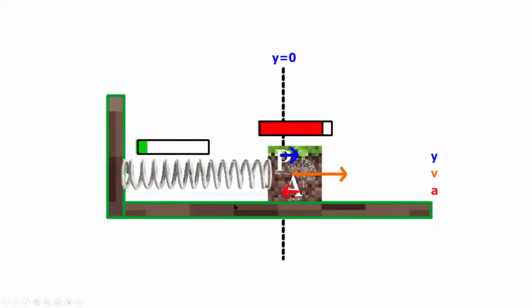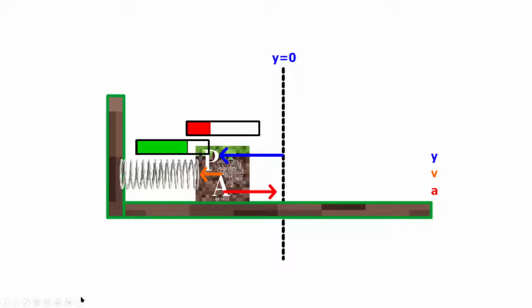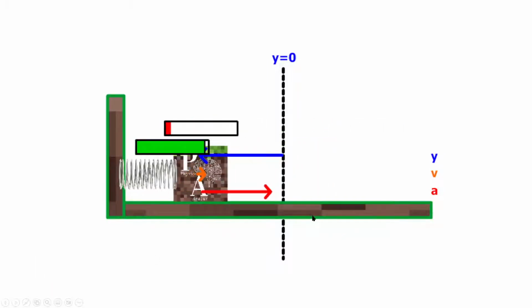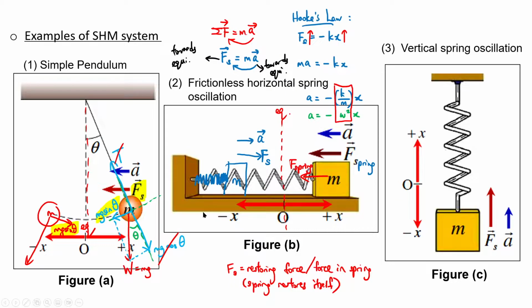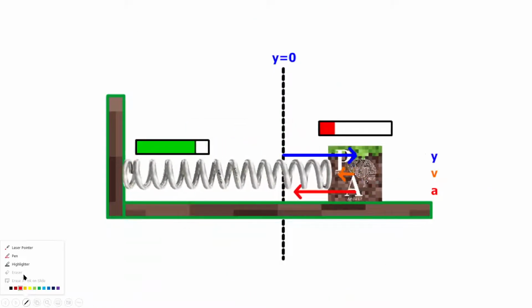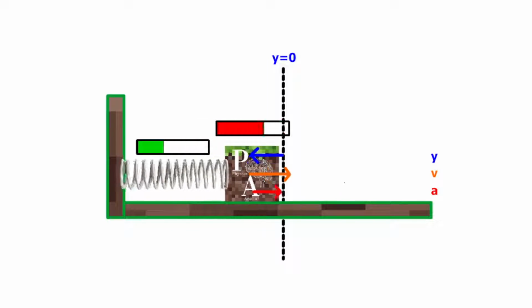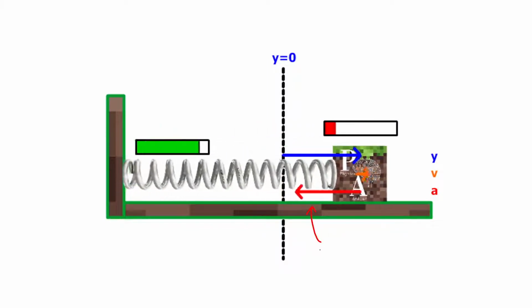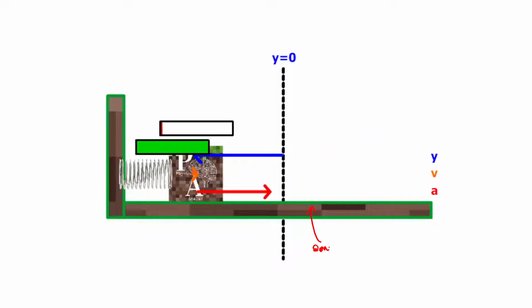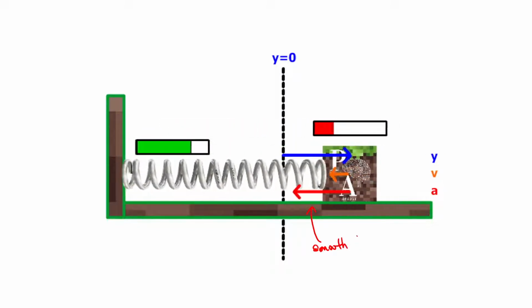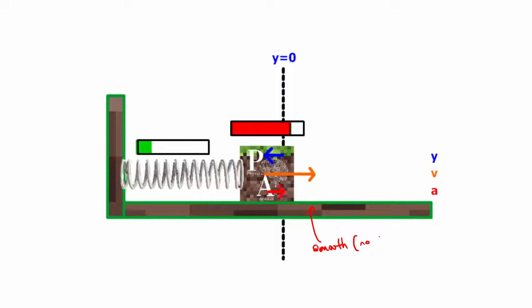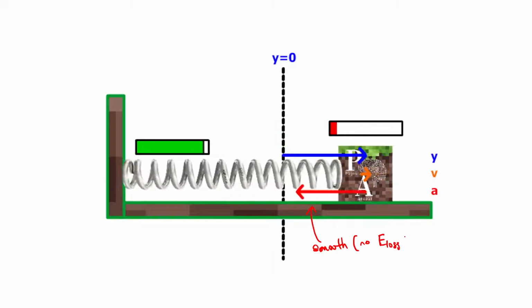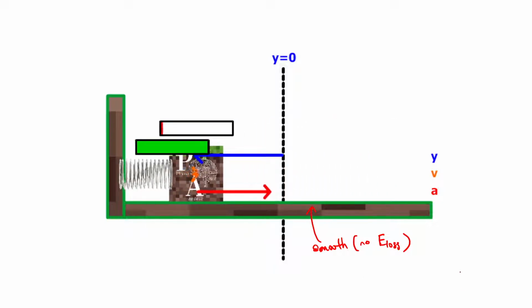Why? Because the surface is smooth. No energy loss due to friction.